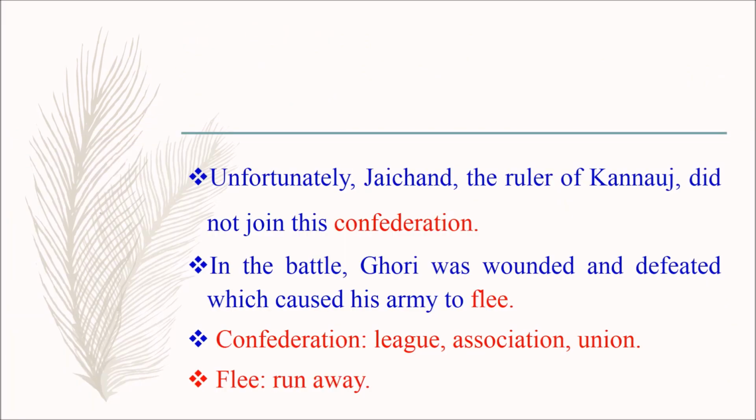Unfortunately, Jaichand, the ruler of Kannauj, did not join this confederation. In the battle, Ghori was wounded and defeated, which caused his army to flee. Here, confederation means league, association or union.